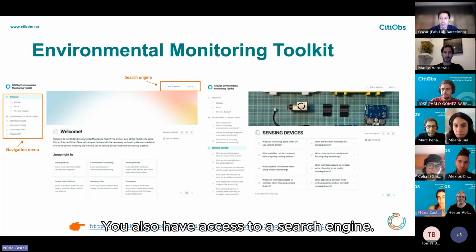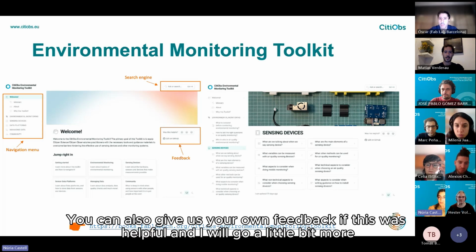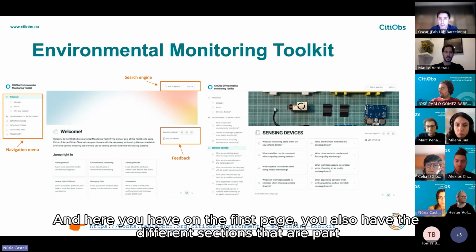You also have access to a search engine if you want to look for something concrete, and you can search for it. You can also give us your own feedback if this was helpful, and I will go a little bit more through this feedback.